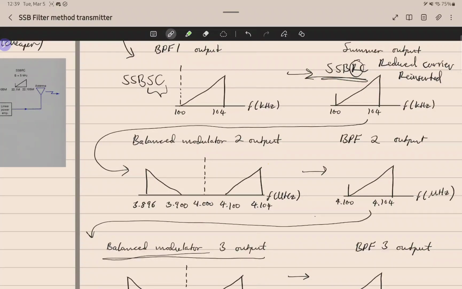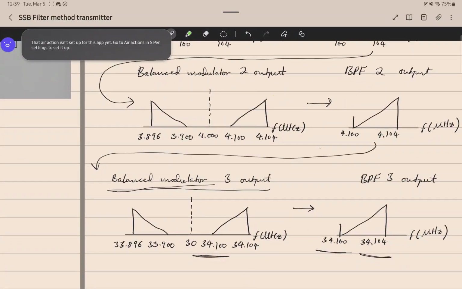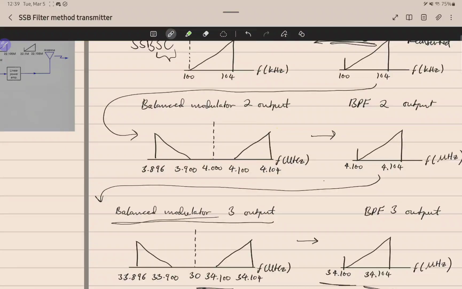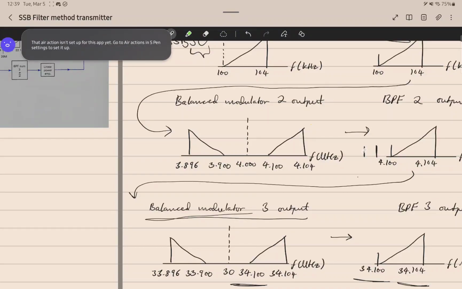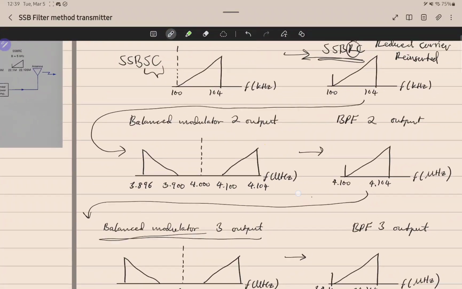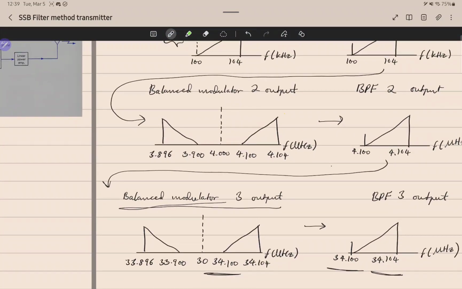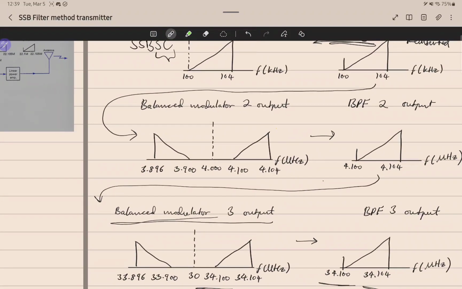It's already at reduced carrier. There's a reduced carrier component here that's reinserted. So you don't draw this. Don't forget this. You need a notch. It has to be a solid notch. Don't do it like this with dots, because making it in dots means the absence of your carrier frequency. So this solid line means you still have some carrier frequency signal there. It's just at a reduced power.